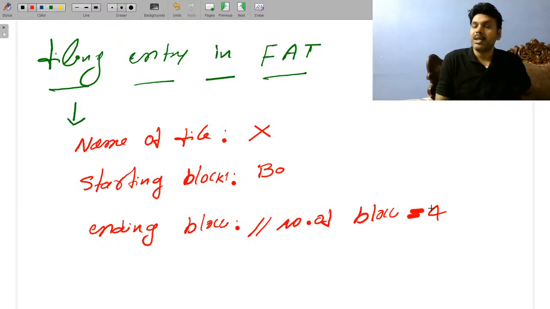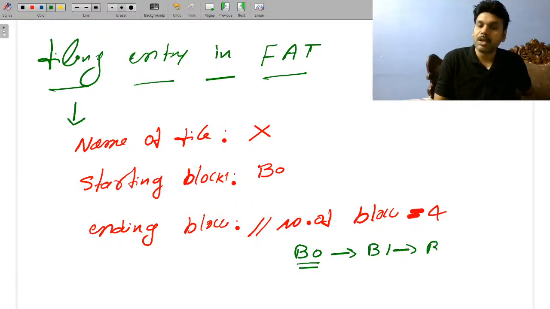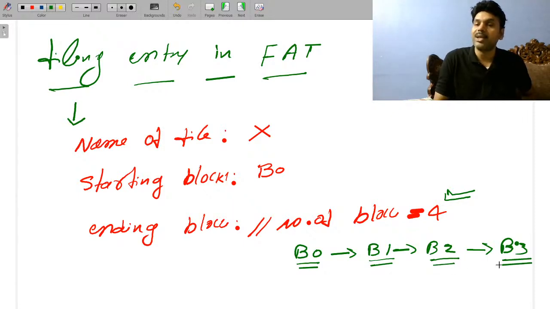Then immediately it starts searching before storing your data. First it sees that you are asking from B0. Then, do I have consecutive free blocks available or not for this? As you are asking for 4, it checks: B0 is freely available, B1 is freely available, this is freely available, this is freely available.